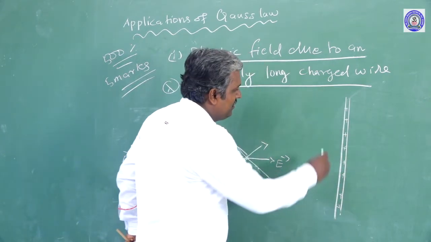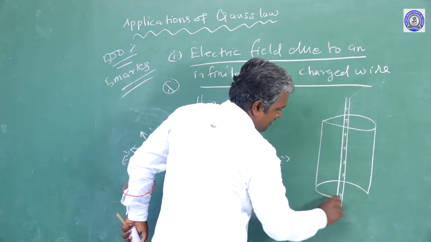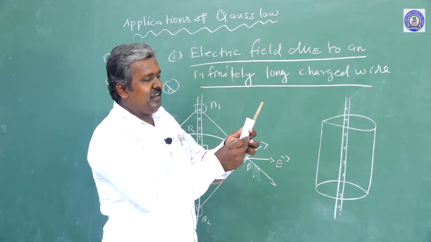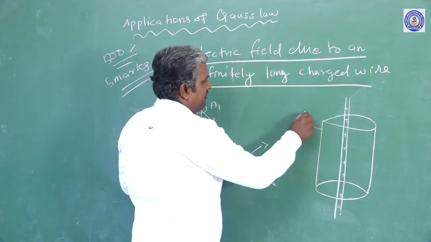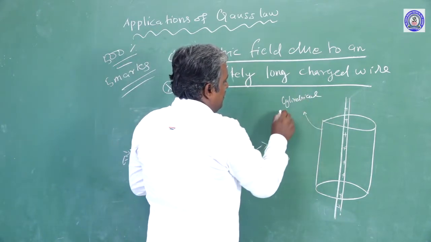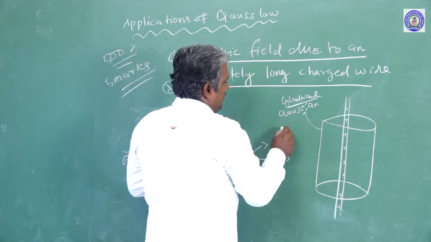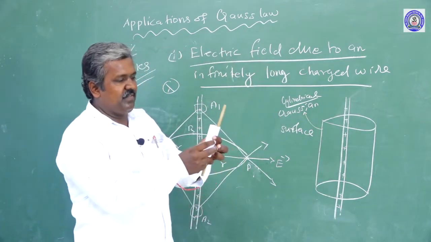Okay. This is the cylindrical Gaussian surface.